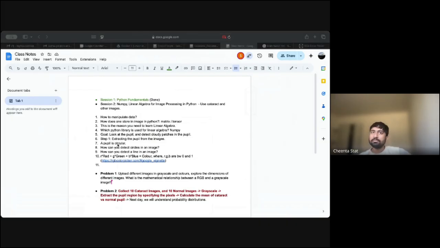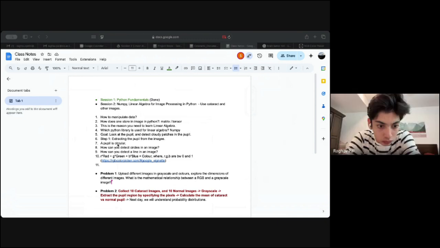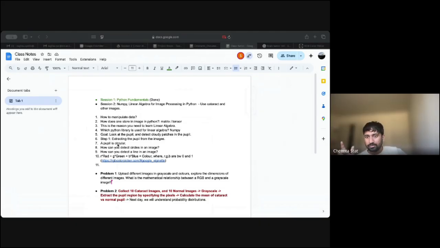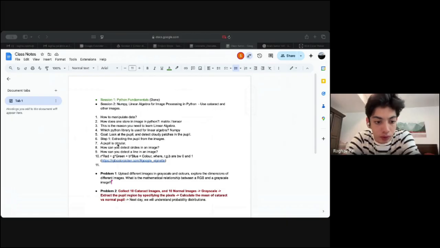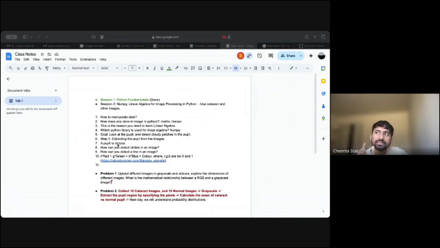The idea is that every pixel is a combination of whatever the color is in the world. Every pixel is a combination of an R, G, and B. So if you were to represent a grayscale image as an RGB image, what would it be?